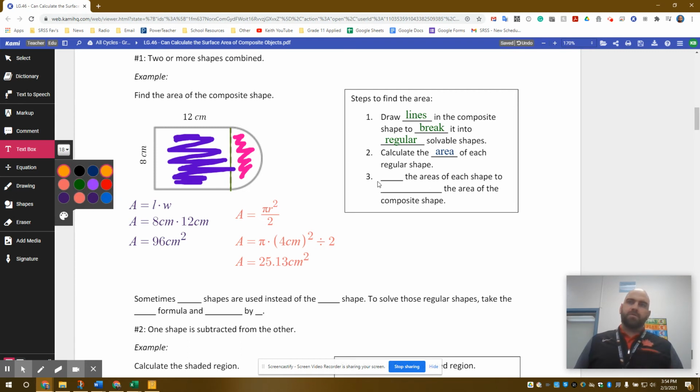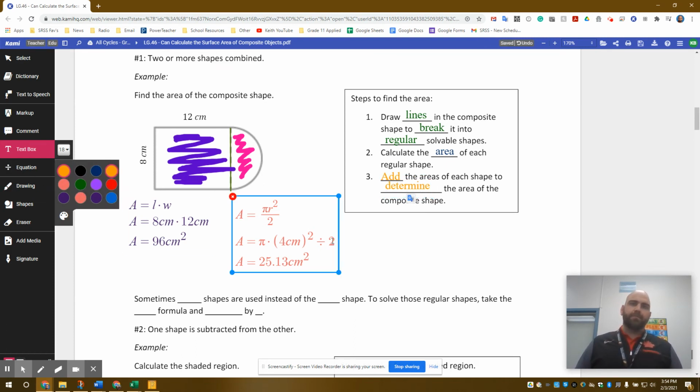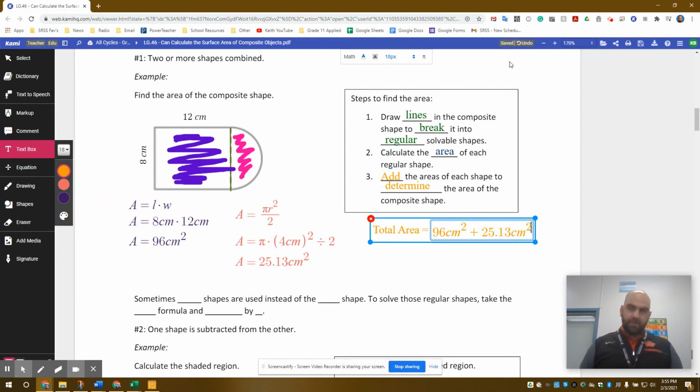The next thing that we do to solve is we add the areas of each shape to determine the area of the composite shape. So what we're going to have here is total area is equal to 96 centimeters squared plus 25.13 centimeters squared.